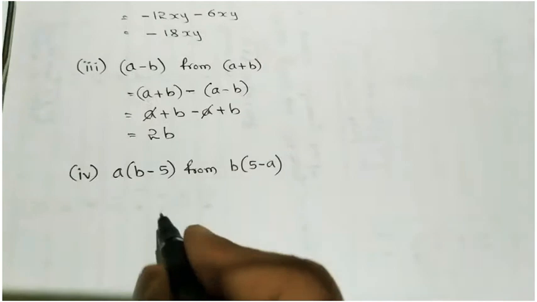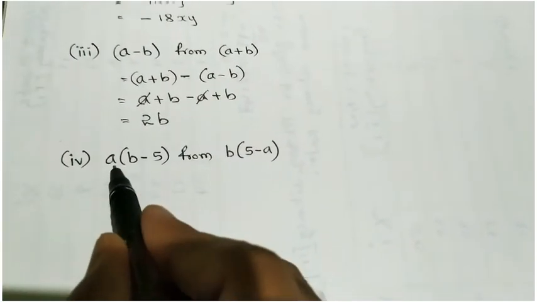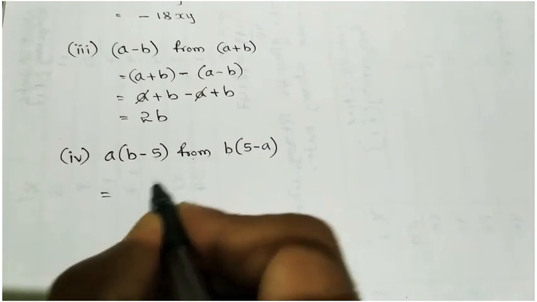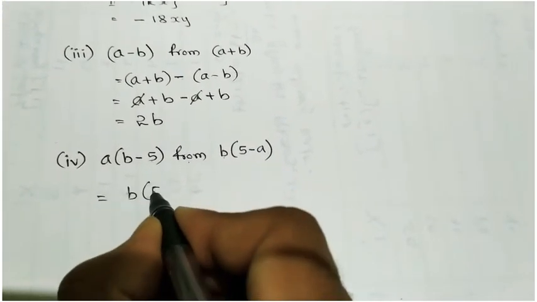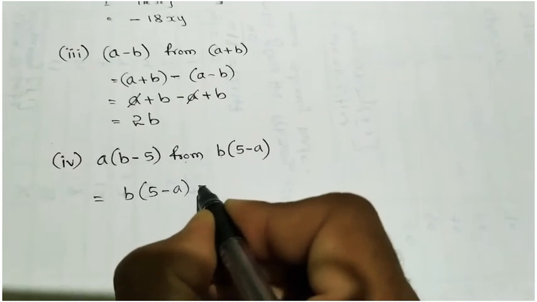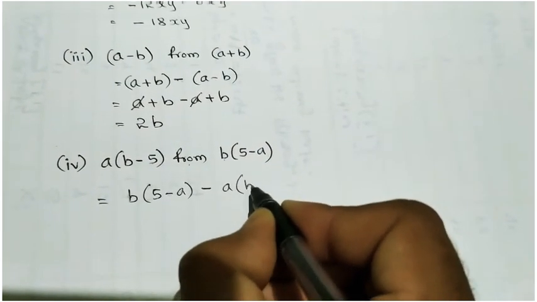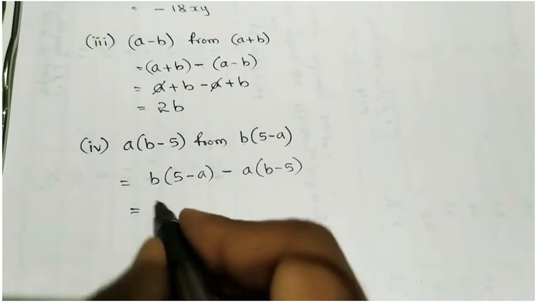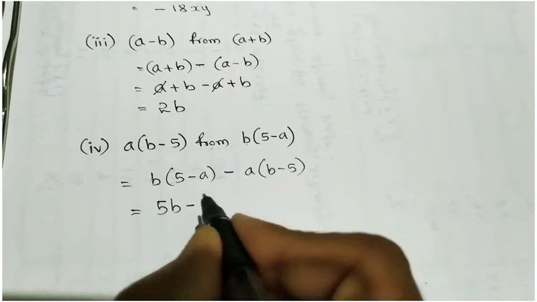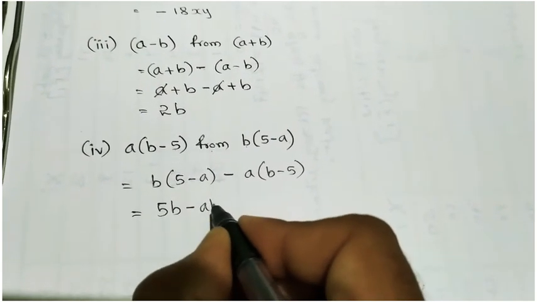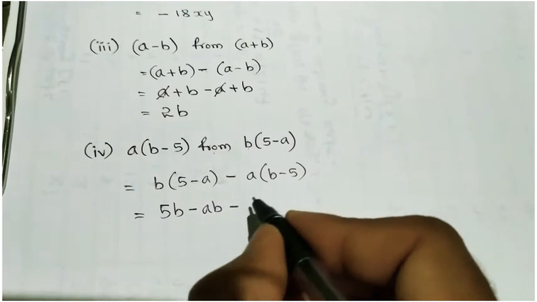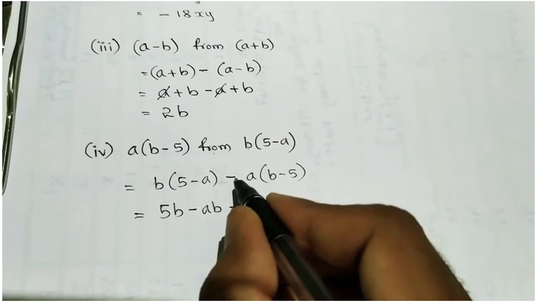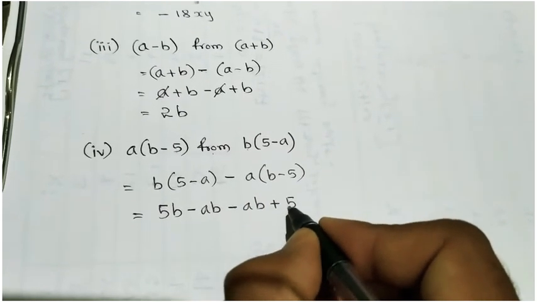Next, fourth one: a times b minus 5 from b times 5 minus a. So b times 5 minus a, minus a times b minus 5. First you open these brackets: b into 5, 5b, minus b into a, that is ab, minus a into b, that is also ab, minus into minus plus, a into 5, 5a.